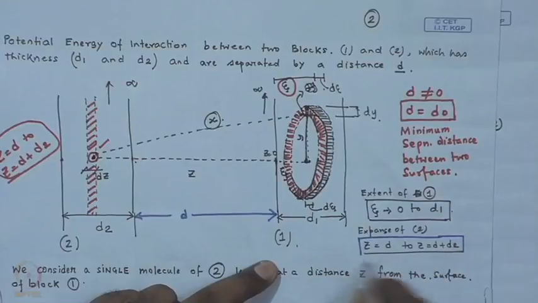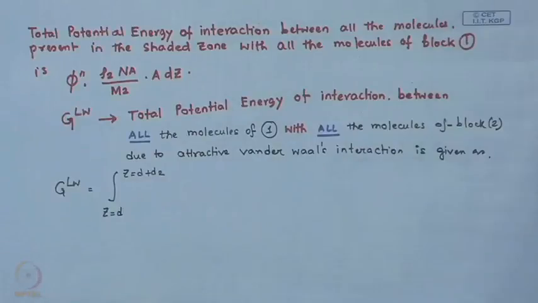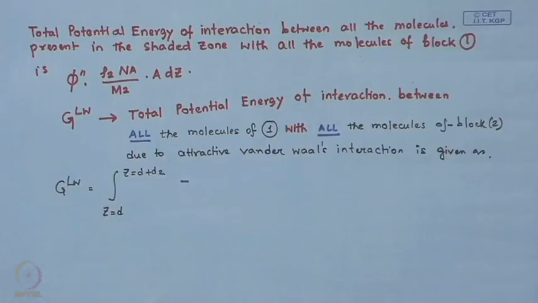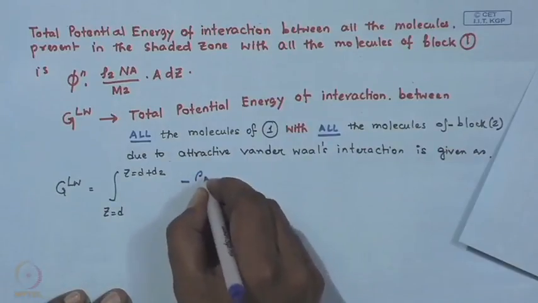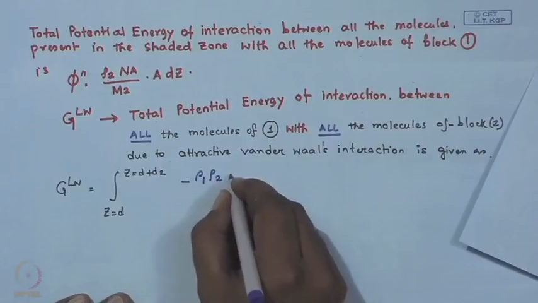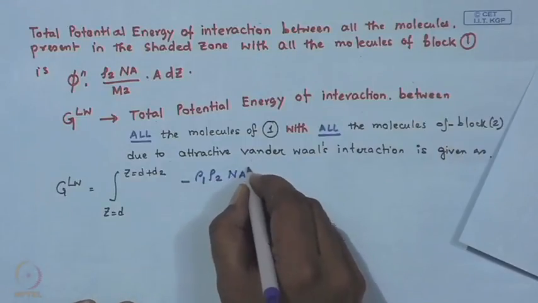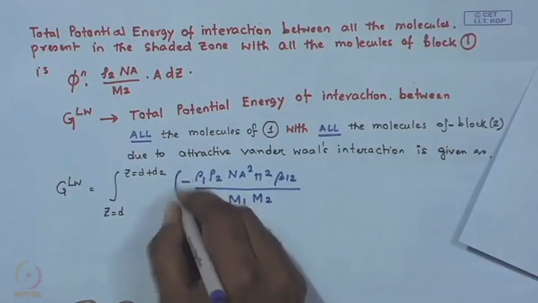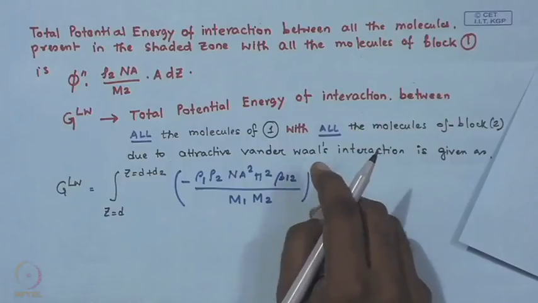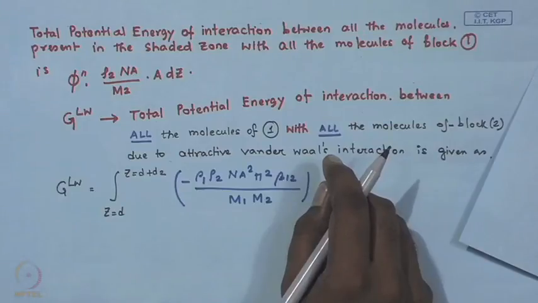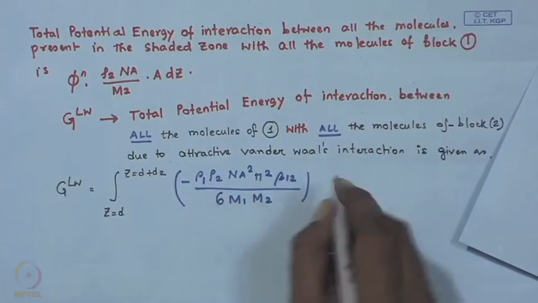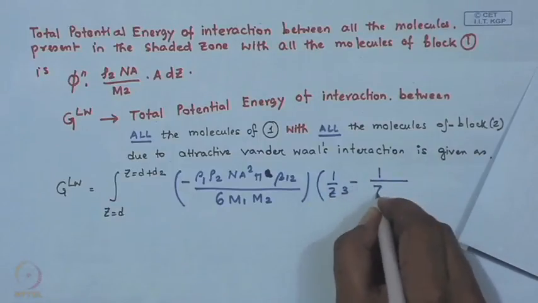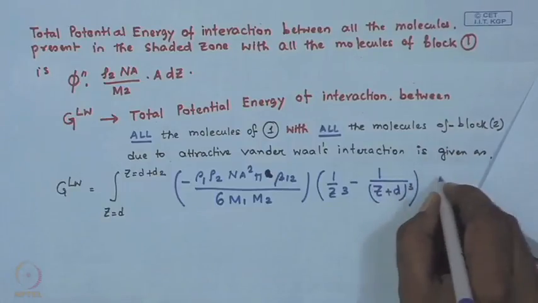So, expanse of 2 in terms of z is z equal to d to z equal to d plus d 2, and so this turns out to be minus rho 1 rho 2 Na square pi square beta 1 2 divided by m1 m2 into, I have a 6 over here, this is pi, the integral of 1 by z cube minus 1 by z plus d whole cube dz.